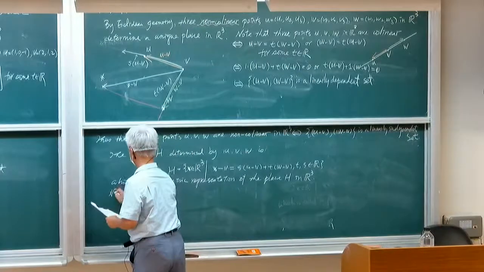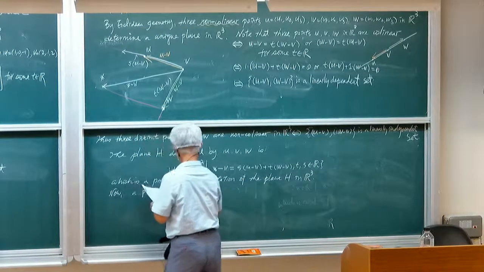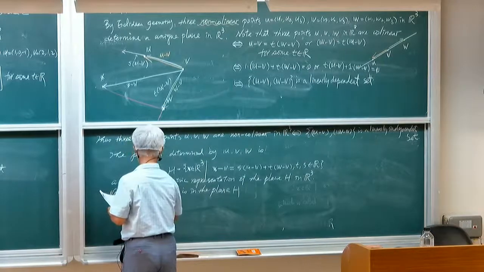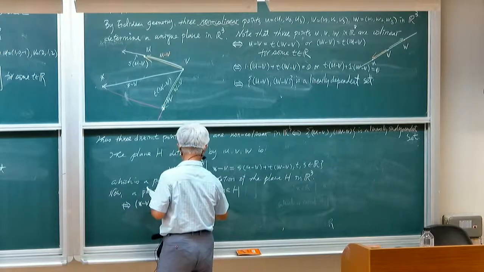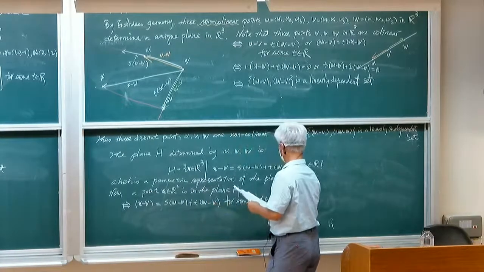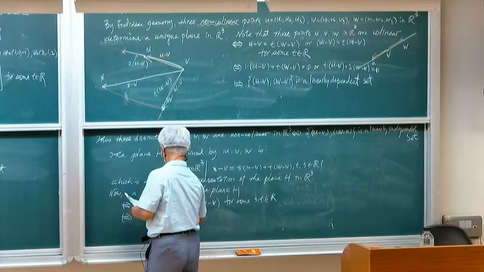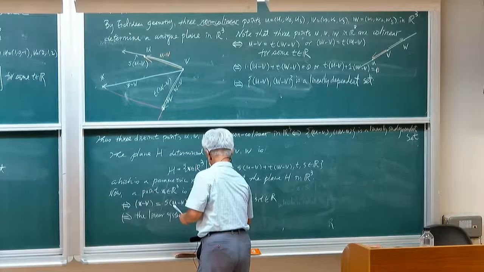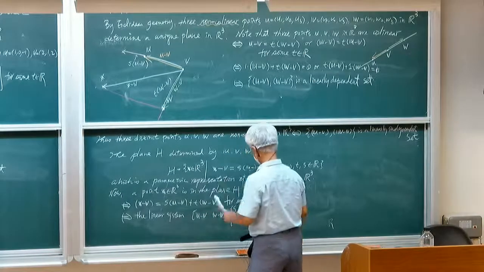Now, a point x in R3 is in the plane H if and only if x minus v is equal to s times (u minus v) plus t times (w minus v) for some s, t in R. And this is if and only if the linear system with columns u minus v and w minus v, and unknowns s, t, equal to x minus v, is consistent.